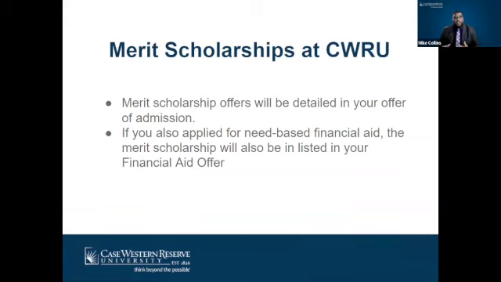All of our general merit-based scholarships are included and would have been sent out with the offer of admission. So that way you can see it just right there in that information. Now, if you apply for financial aid, you'll also see that scholarship listed in the financial aid offer as well. So that way you can just have one place to go to really just comprehensively see all the information that's available.